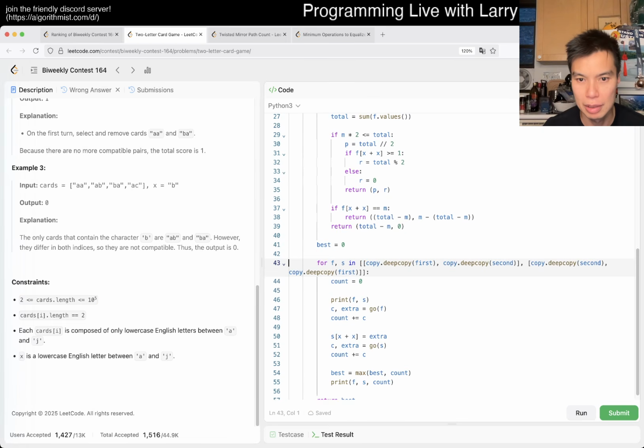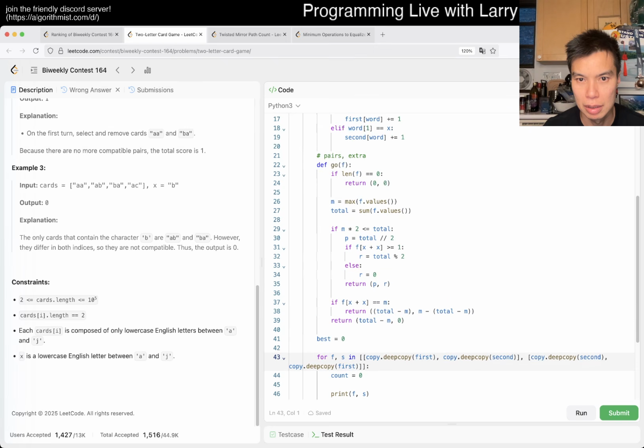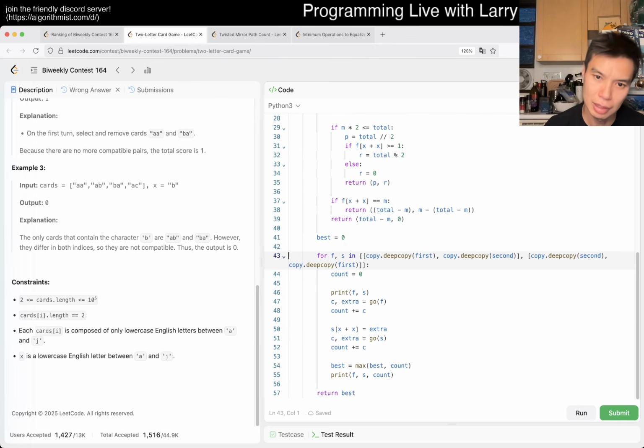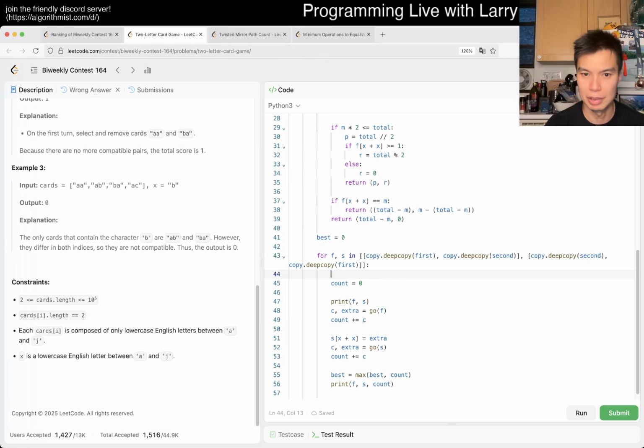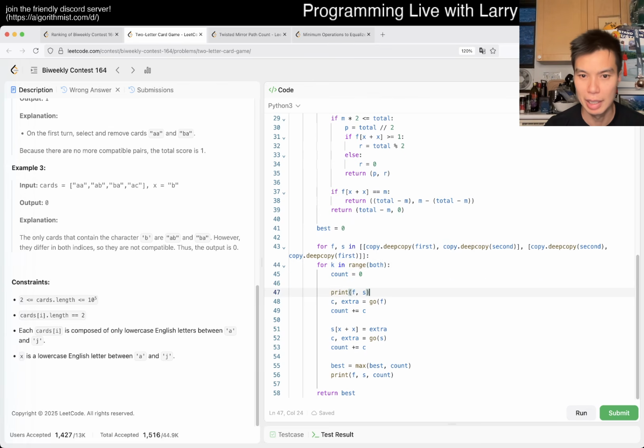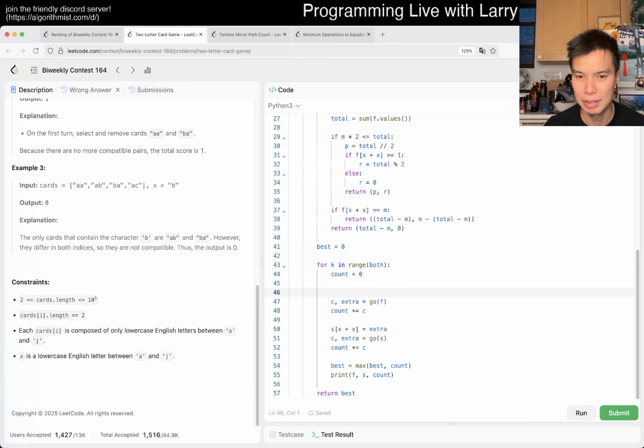Give it a try. Yeah, okay, fine. Give it a try. I don't know if this is even working. X, oh, not X, K in range of both. So then now we have, and actually I don't even think we need to make a copy because we don't actually manipulate things.